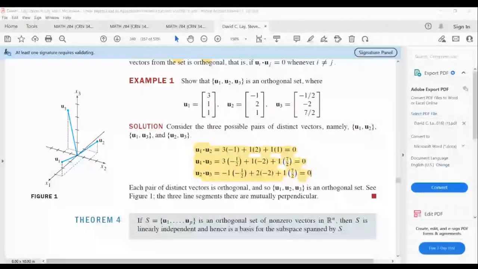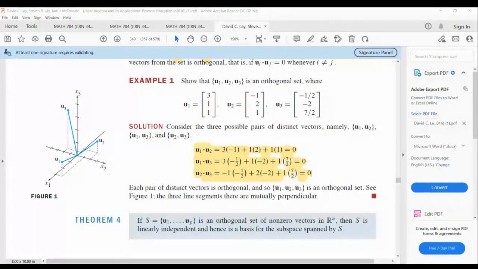So when I think of the comment that if you have an orthogonal set of vectors, then the vectors have to be linearly independent, I think of the I, J, K vectors, or E1, E2, E3. That's a basis for R3. I always like to think of examples to help me feel comfortable with the concepts.